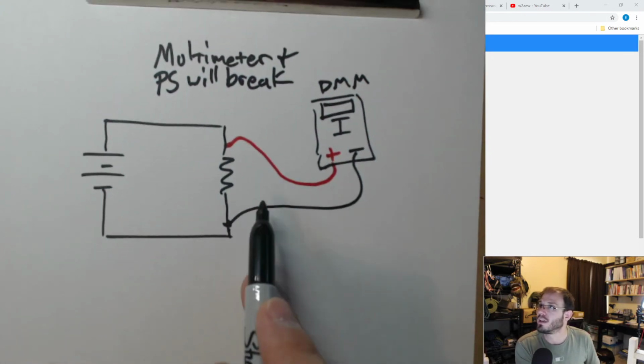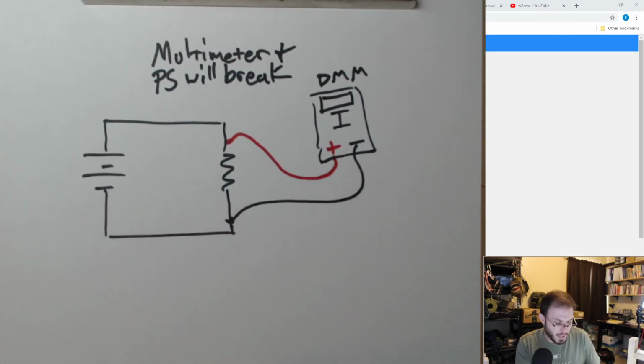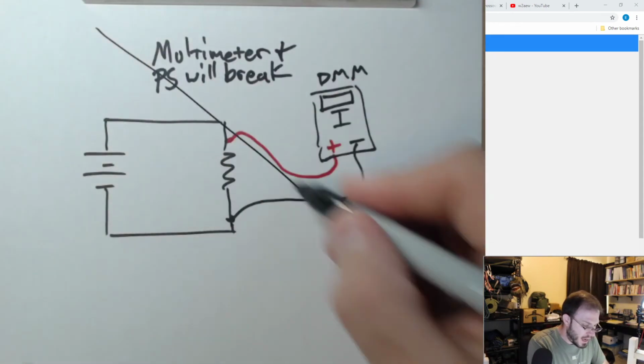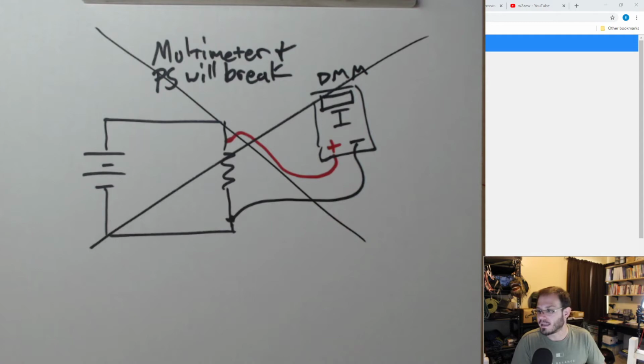Okay, don't do this. Your multimeter and your power supply will suffer and or break. Okay, so don't ever do this, please.